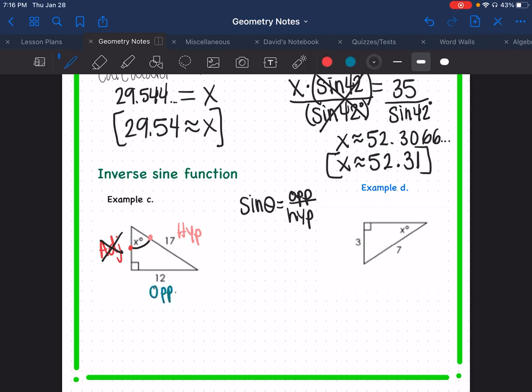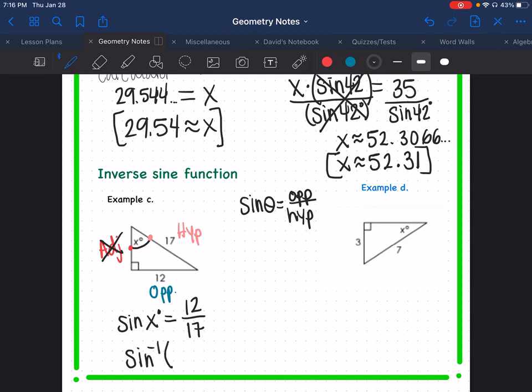So what would I do here? I would say sine of theta, which is x degrees, equals the opposite 12 over the hypotenuse 17. I'm going to put this into Desmos, into the calculator, and to do this, I am going to use the inverse of sine.